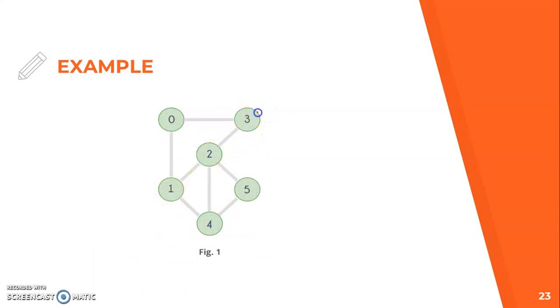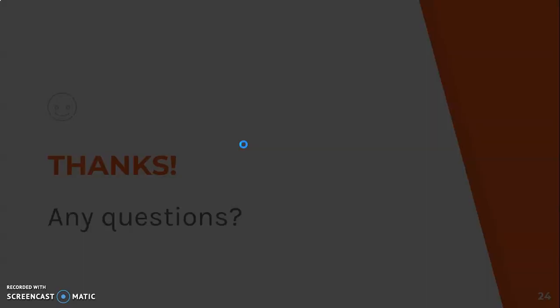But consider that I put one more vertex there. If I remove this particular vertex, this is the articulation point, and it divides the graph into 2 components, right? So I think it is understandable what biconnected components and articulation points mean.